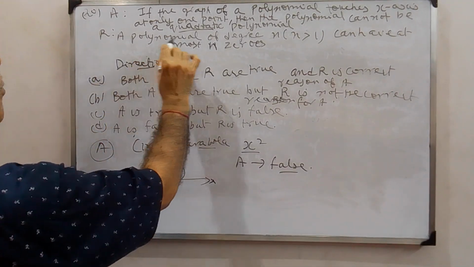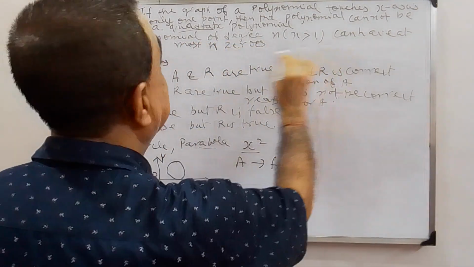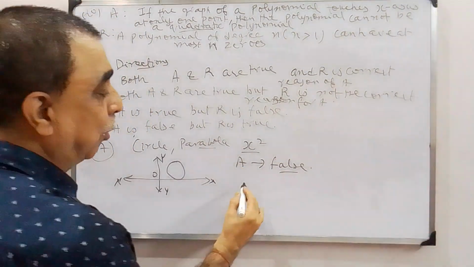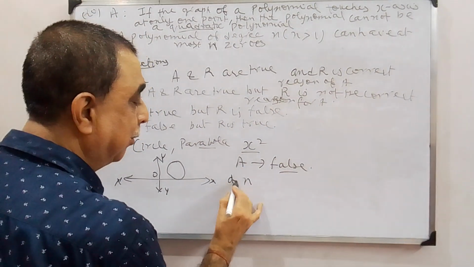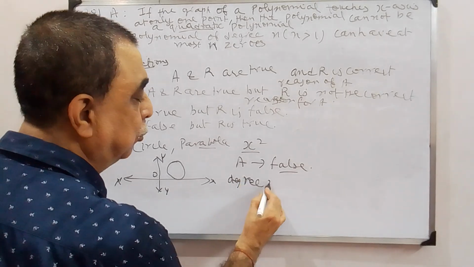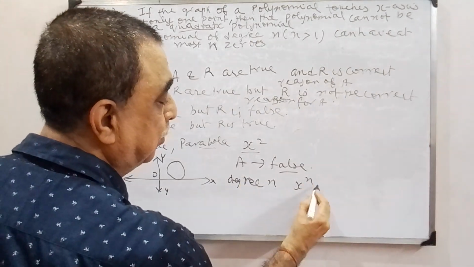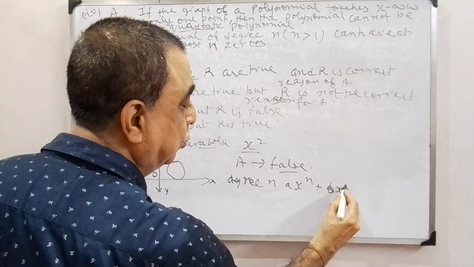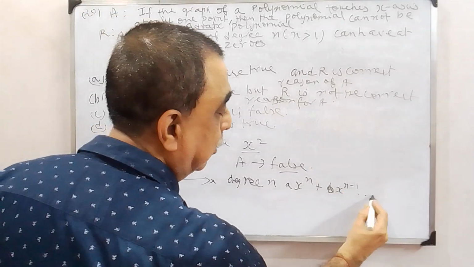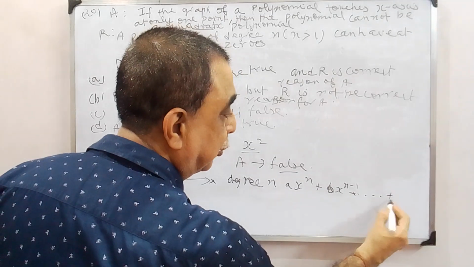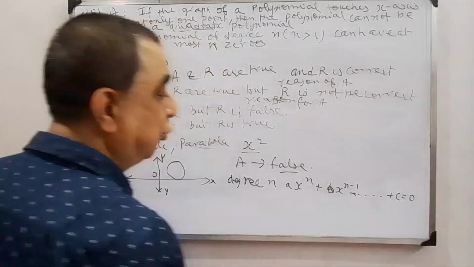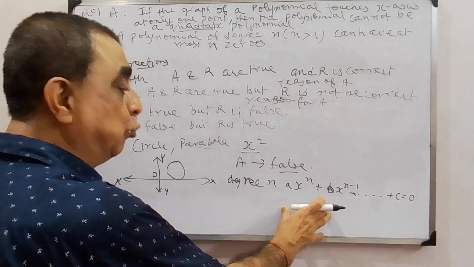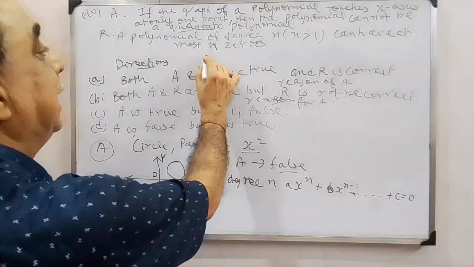Now, a polynomial of degree n can have at most n zeros. Yes, it is true, because for a polynomial whose degree is n, like x to the power n plus a x to the power n minus 1, going on up to a constant number, equal to 0, the maximum number of roots is n.